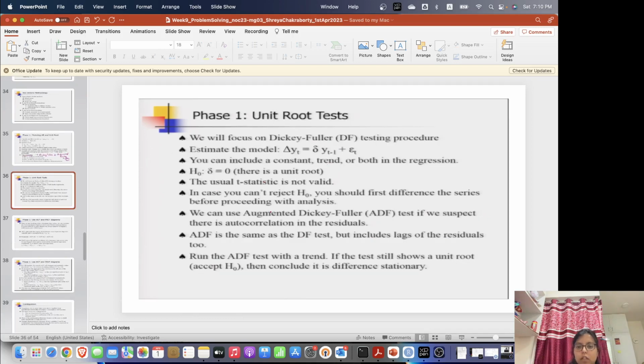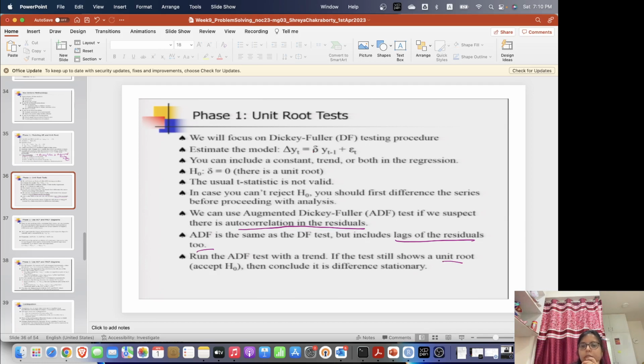This is what the test is all about. We use the augmented Dickey-Fuller if we suspect that there is autocorrelation in the residuals, but it includes the lags of residuals too. And if we run it with a test, and if it still shows the unit root, then we conclude that the difference is stationary.